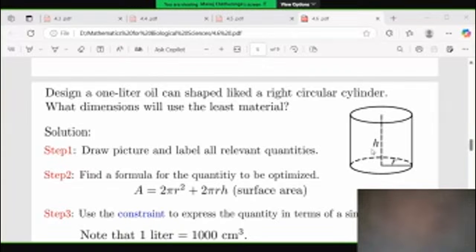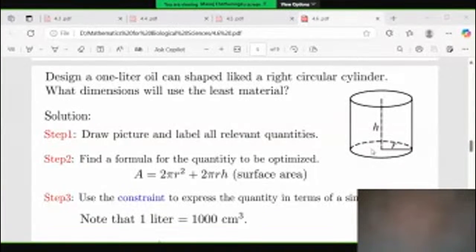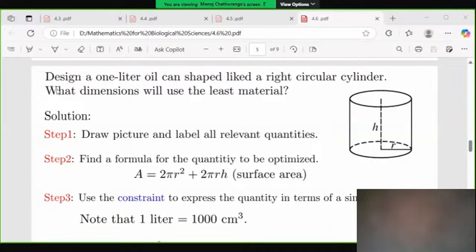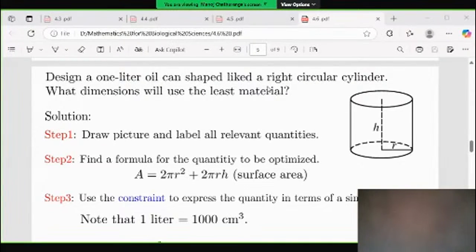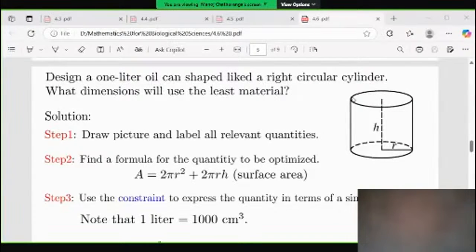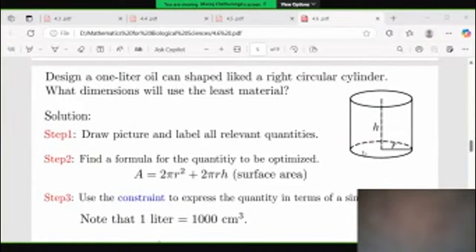Right. Let's look at another example. Design a 1 liter oil can shaped like a right circular cylinder. What dimensions will use the least material? Okay, let's see. So we need an oil can of the shape of a right circular cylinder.